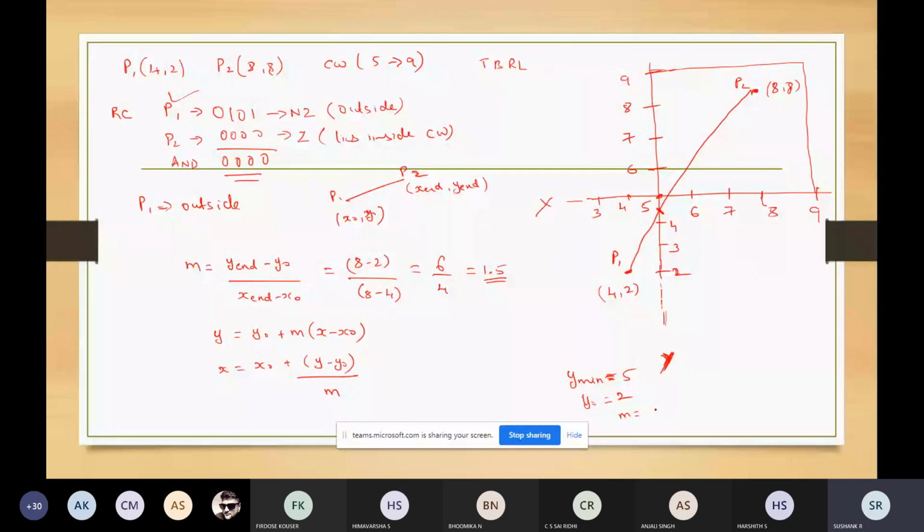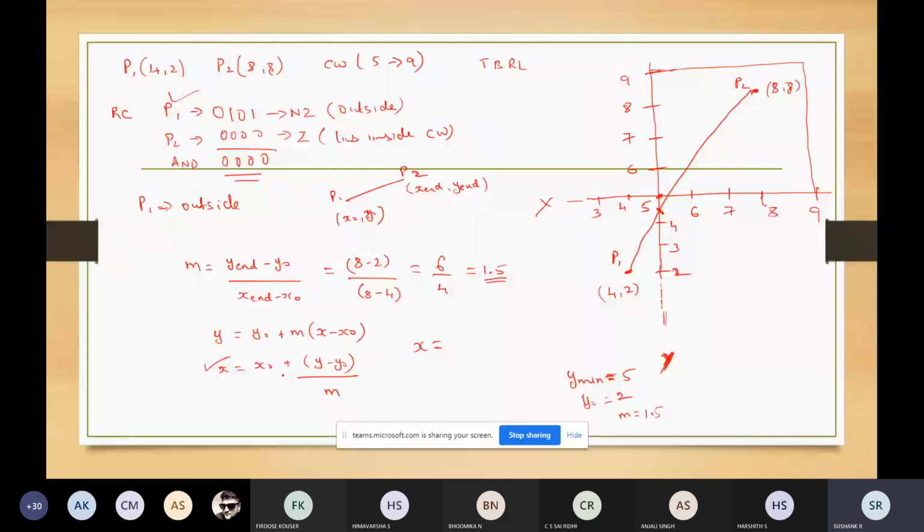M is 1.5. Now, using these values, you can find the x intersection. The line is intersecting at y, so you can find x is equal to x naught plus y minus y naught over m. What is my x naught?